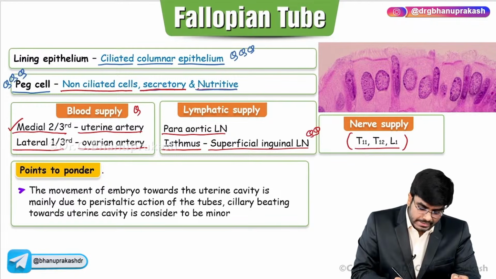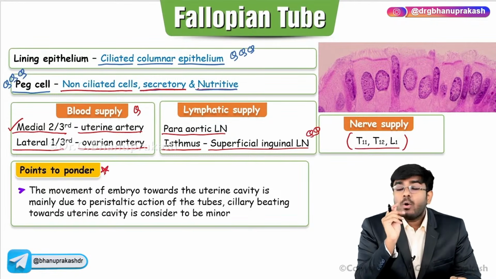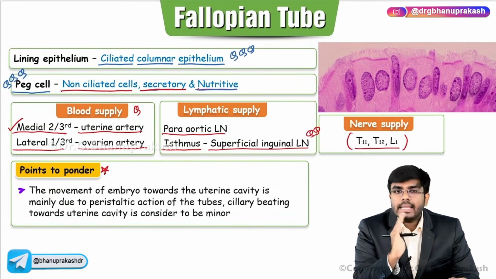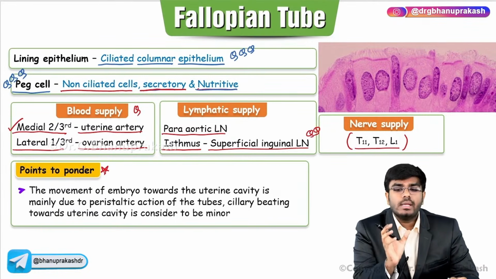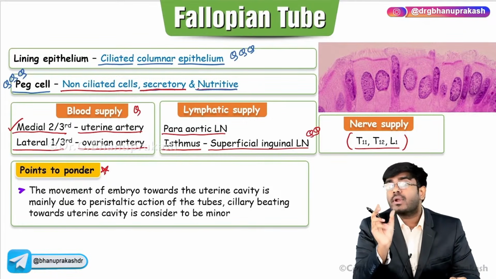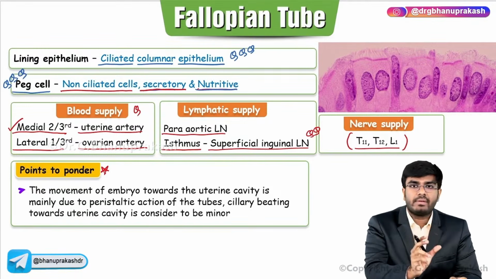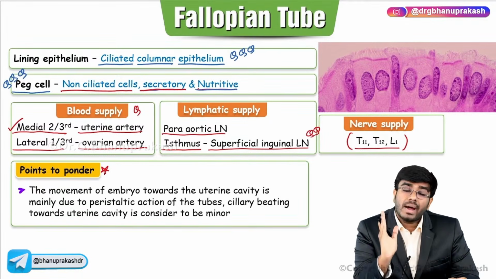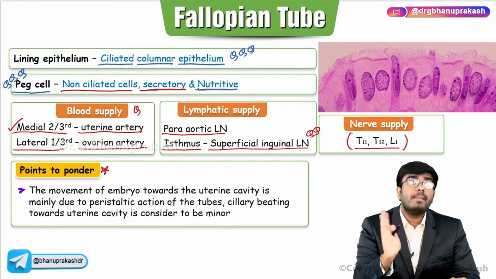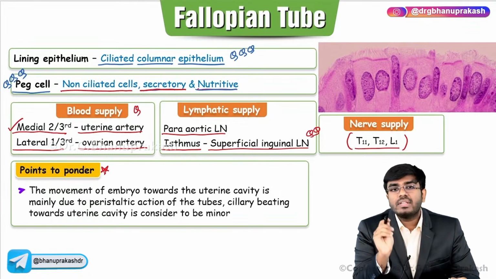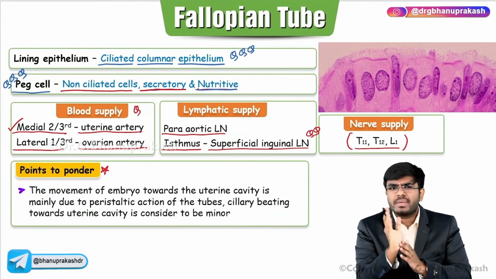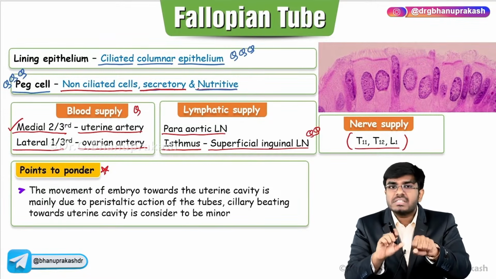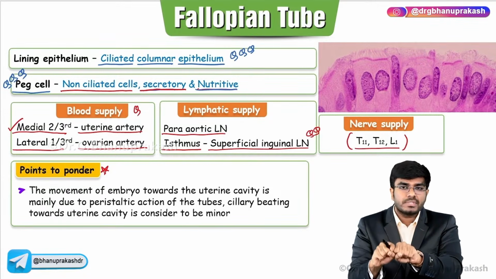Now, an important point: I have already said that ciliary beating is important to move the product of conceptus, the embryo, from the fallopian tube into the uterine cavity. But the ciliary beating is not the major action for the movement of the embryo. There will be peristaltic action of the fallopian tubes.